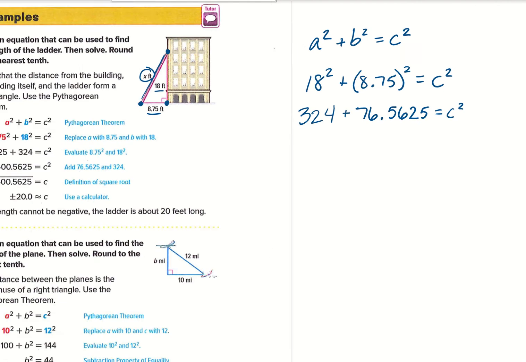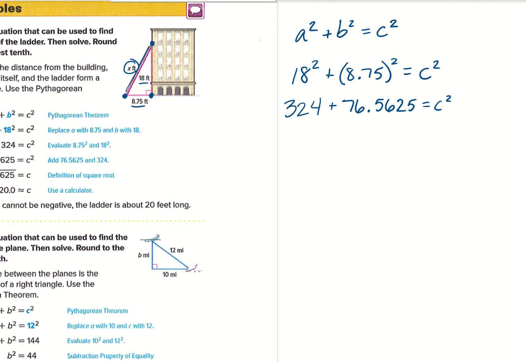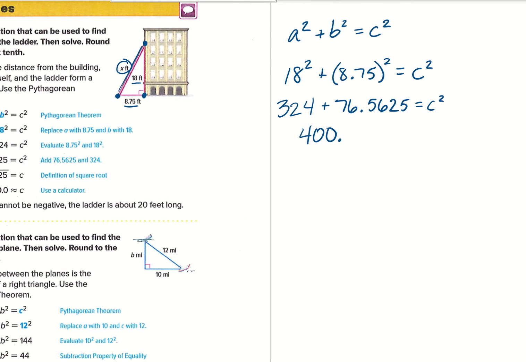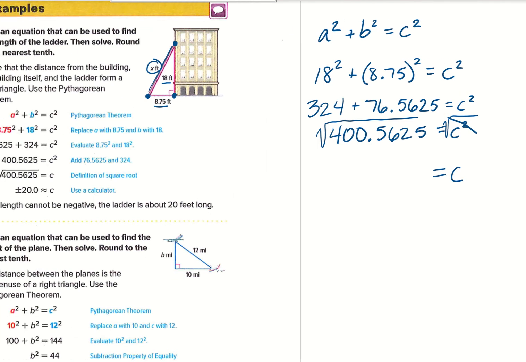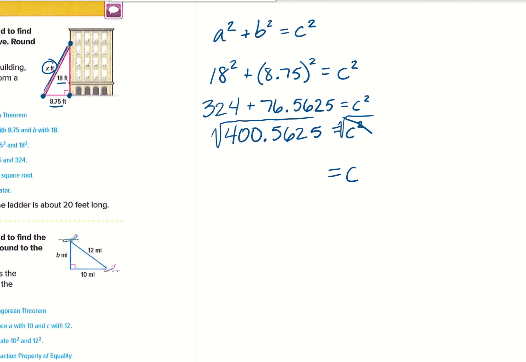Now I will add those two together, making sure I wrote that down right, which gives me a total equal to c squared. And then lastly, find the square root of both sides in order to isolate the variable c. When I do that, I'm going to get about 20. Yep, and that's what they've got too.